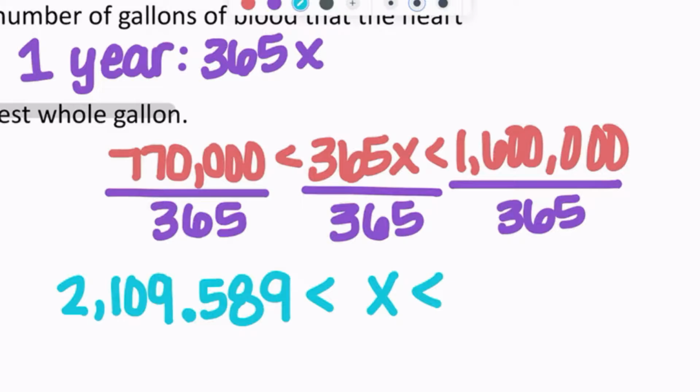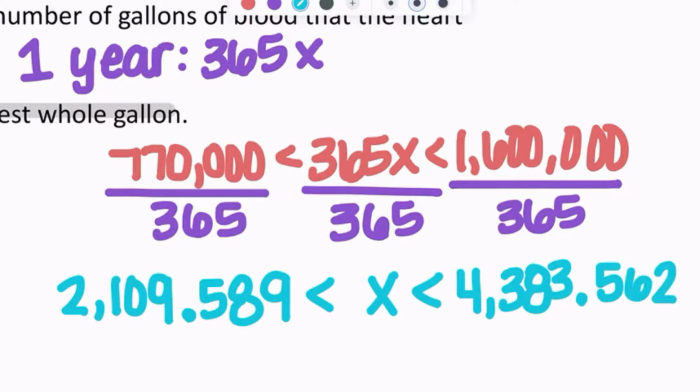And then 1.6 million, or 1,600,000, I get 4,383.562. Okay? And so it tells us to round to the nearest whole gallon, which means I'm looking at this number here.